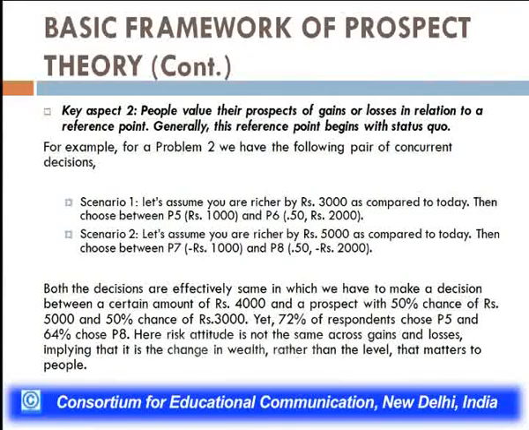Whatever your status quo, if you are richer by some little amount of money, then your decision making will be different, but if you are at a very high level, then a particular decision or two alternatives may appear to you to involve more risk or less risk.